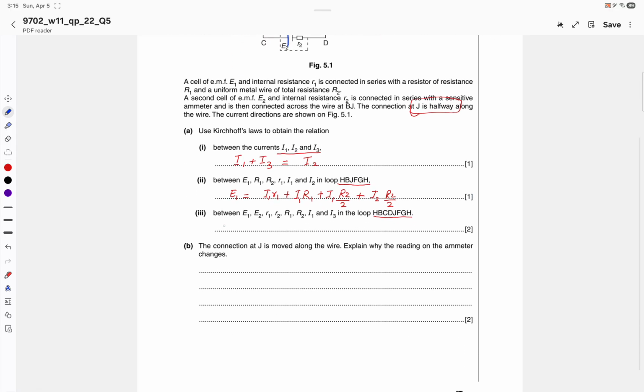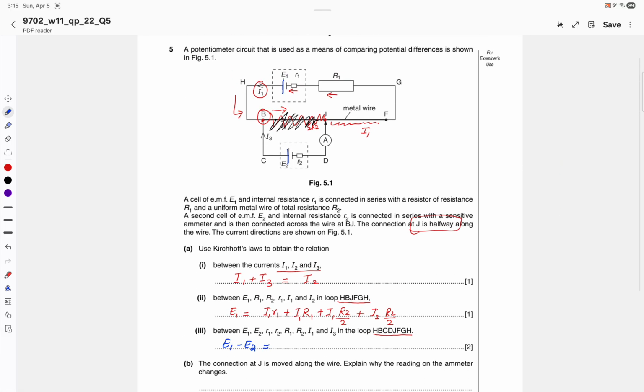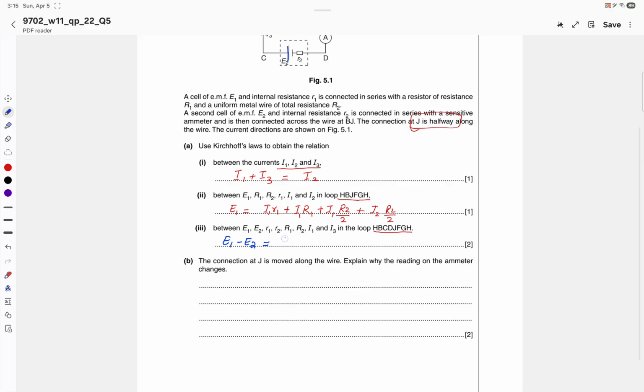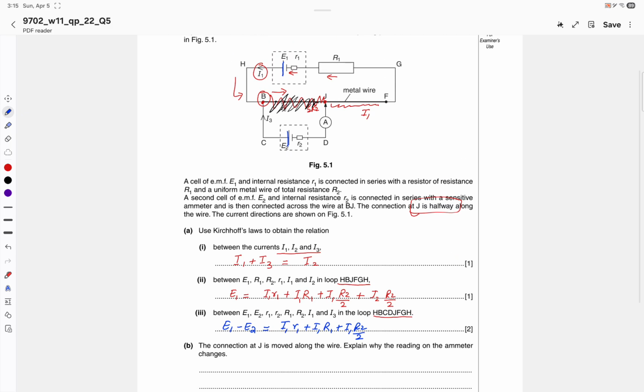So I must write E1 minus E2 equals, now I1 would remain the same as in the previous case. So it will be I1 r1 plus I1 capital R1 plus I1 R2 by 2, except that there is another current I3 in the opposite direction to I1.